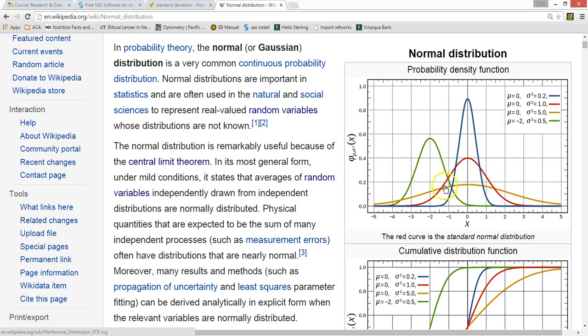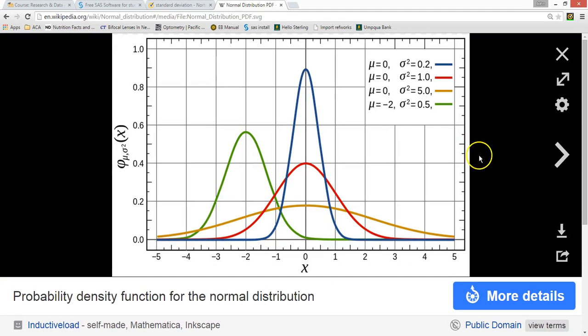The red is 1. And really, this is the standard normal distribution with a mean of 0 and a variance of 1. Take the square root of that, you also get 1. And here we have a 5 for a really wide slow curve. But these are all normal distributions, and if your data follows a normal distribution, it can have a wide variety of x's or be more narrow.